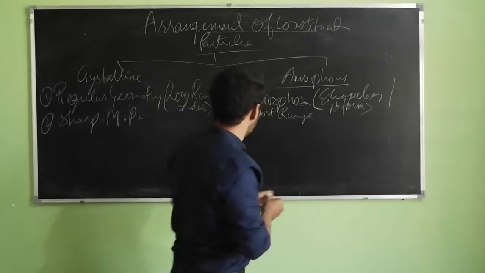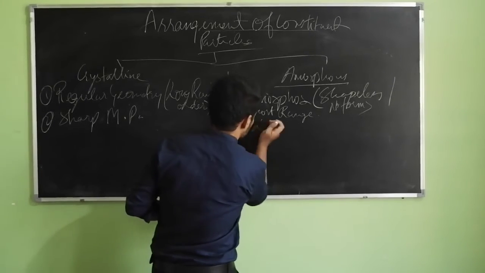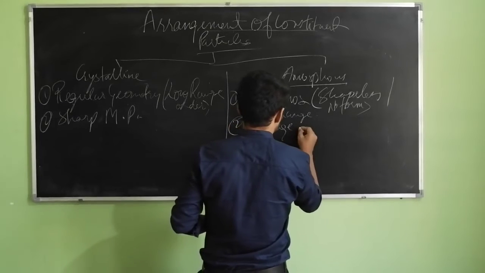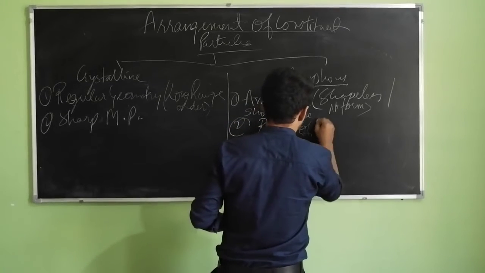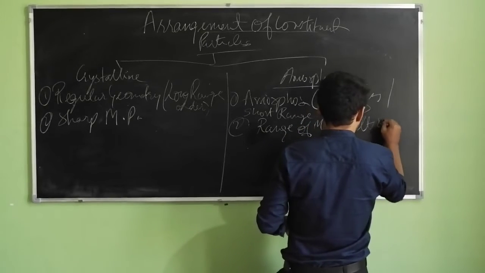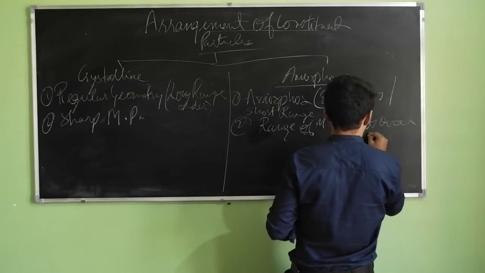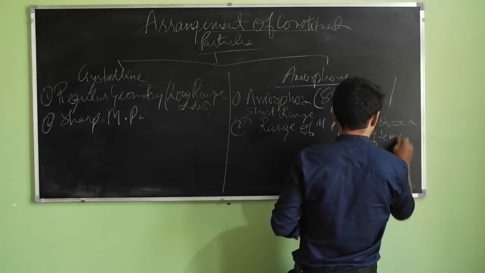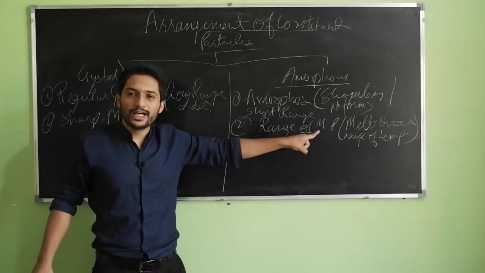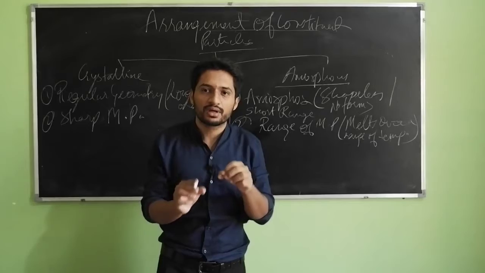But in case of amorphous solids, they don't have a sharp melting point; they melt over a range of temperature. What does this mean? Because the geometry is irregular, they don't have a fixed shape.